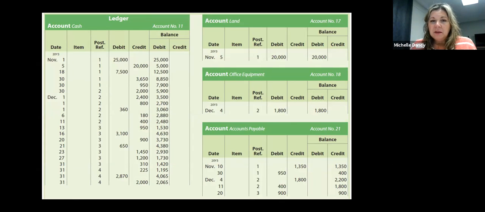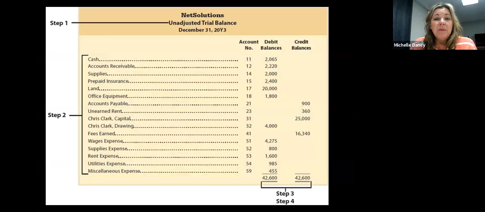We're just copying. So if debits and credits equal in the journal, shouldn't debits and credits equal in the ledger? Yeah, same numbers, right? Then I take these numbers, these balances, and I put them in a trial balance.